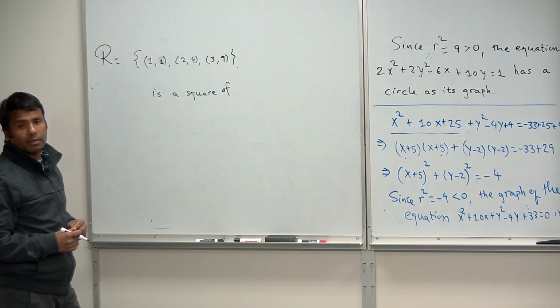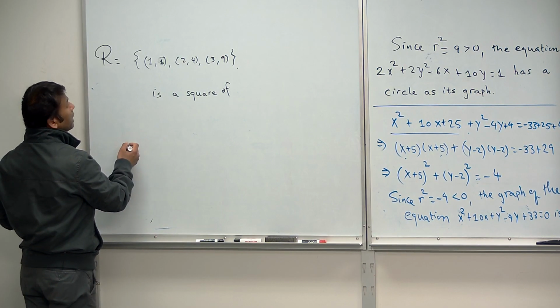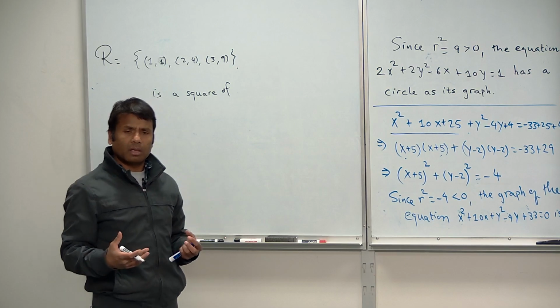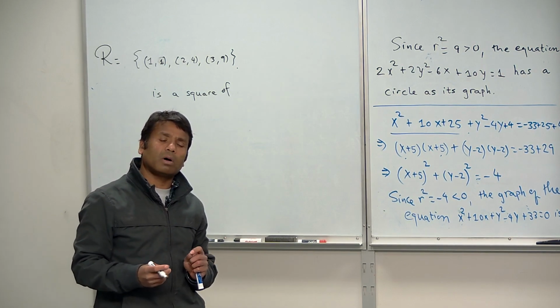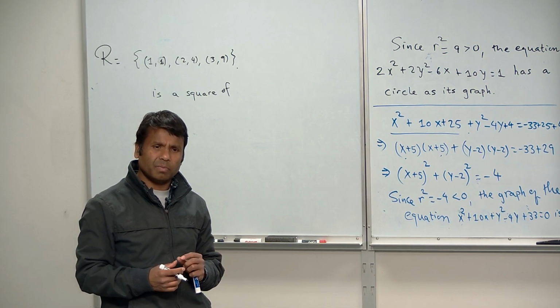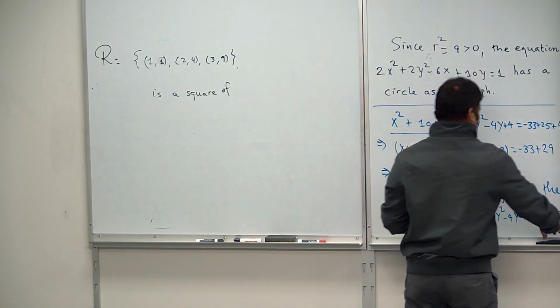It can be any set that consists of ordered pairs. Make sense?